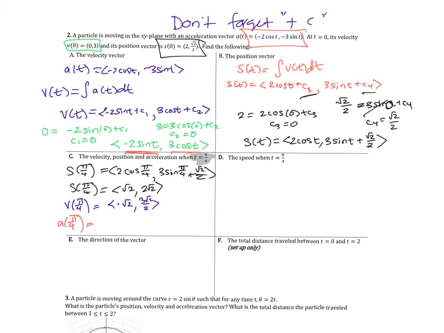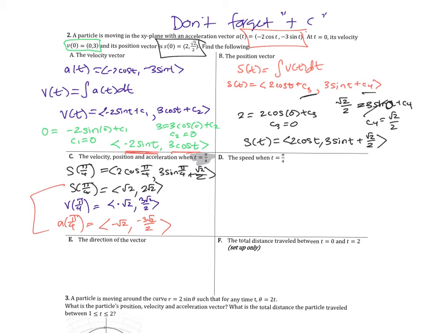So I'm coming up here and looking at this. -2 times cosine of pi over 4 is going to give me negative root 2. -3 times sine of pi over 4 is going to give me negative 3 root 2 over 2. So now I have my 3 vectors. We're going to use this information on D and E, and there's a typo on E, but I'll explain that when we get there.